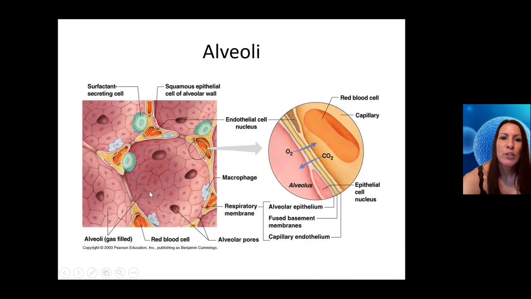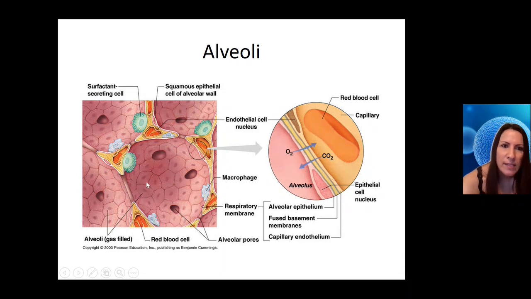This is meant to be looking inside the alveoli. We have the squamous epithelial cells. You see they're kind of like scales, with no spaces between them. This is one cell here, another cell, and there are the nuclei of each of the cells, the little shaded dark areas. So they're one cell thick.